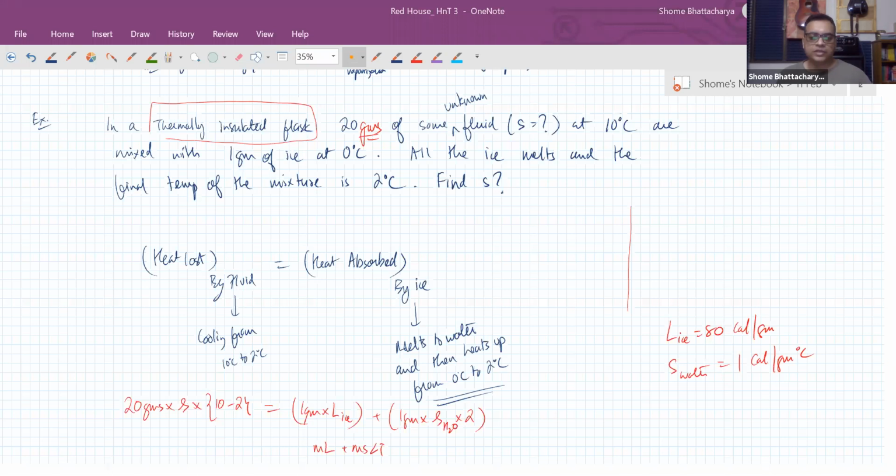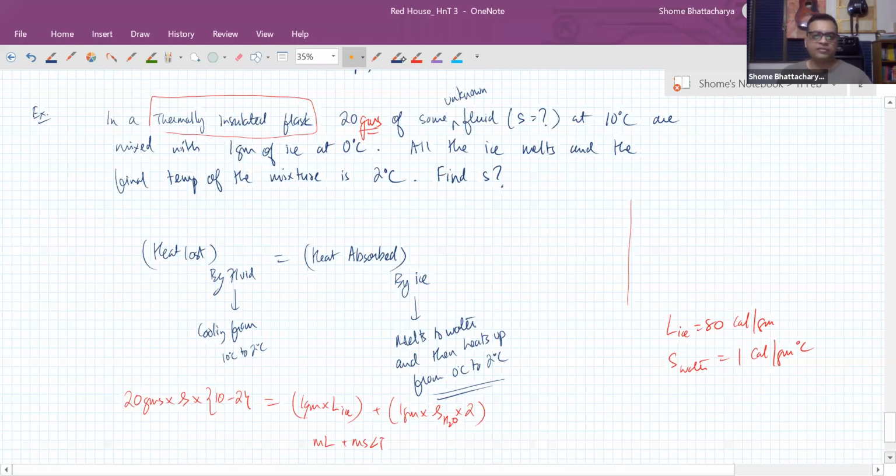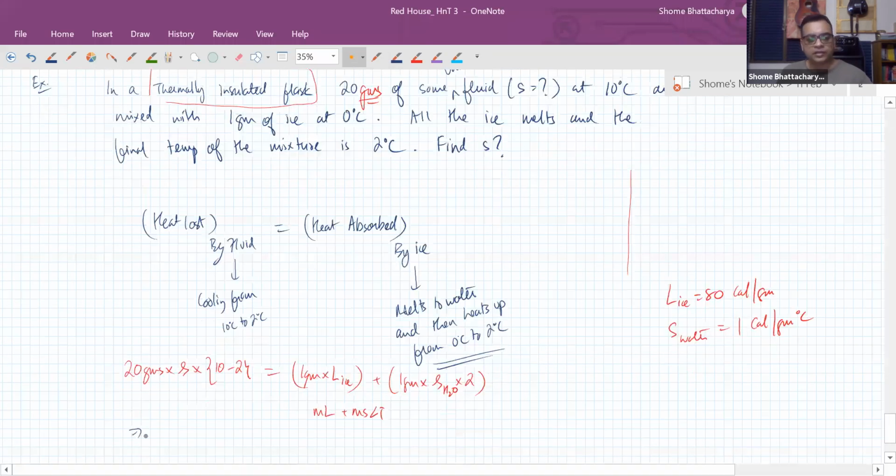Okay, Nikita, very good. That's correct. Close to 0.55, I think that's what you people are getting. Yes. So 20 into 8 into S will be equal to 80 plus 2. Okay.